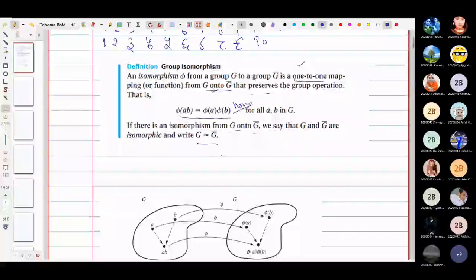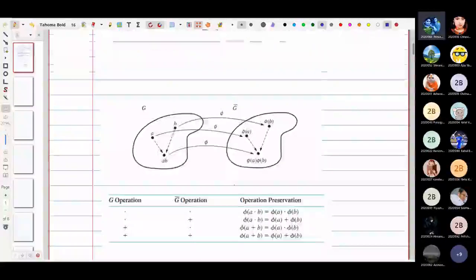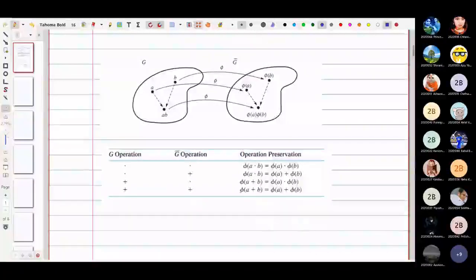Okay, so here is a diagram. You can see that there are two groups G and G bar, and there is a map phi from G to G bar.